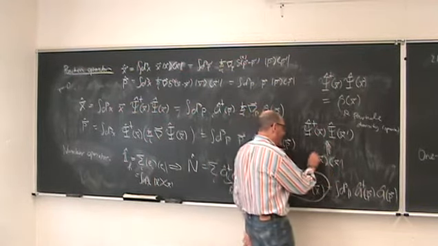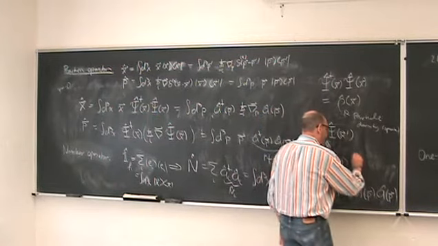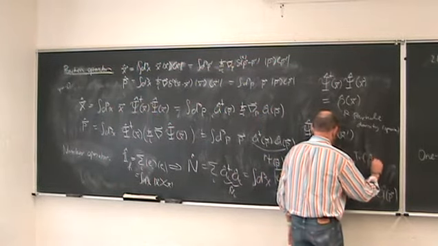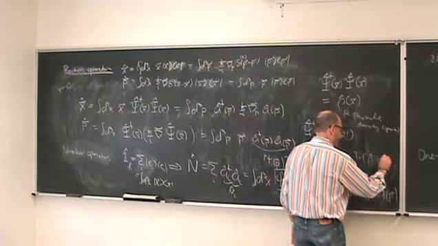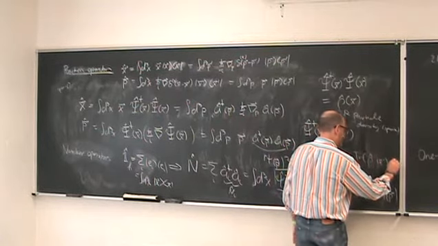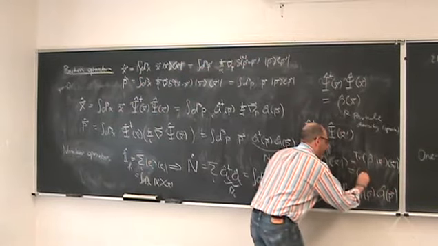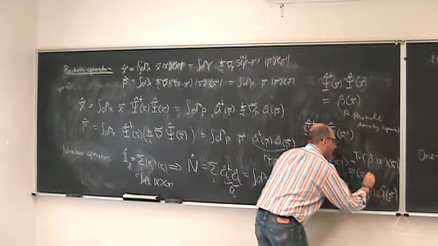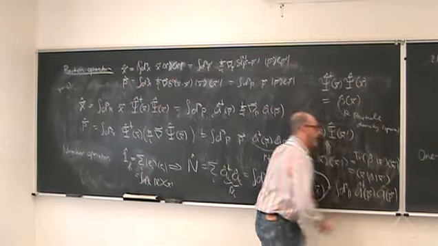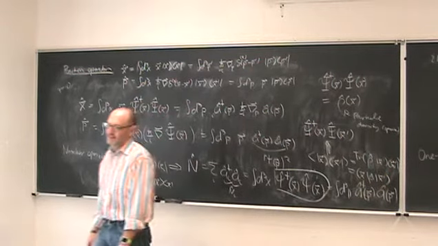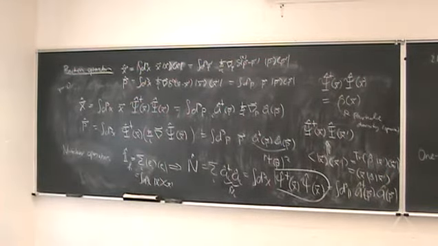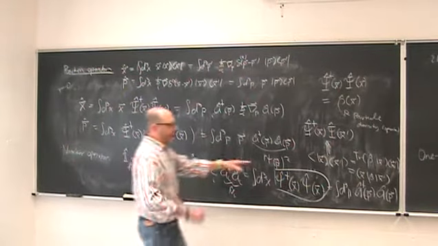Well, the expected value of this is the trace of the density operator with that, right? Which is the off-diagonal coherence in position. It's the elements of the density matrix in position space, and it has to do with coherence.